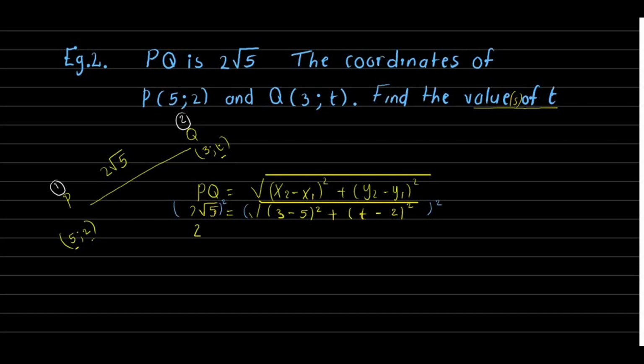And that is going to be equal to, what's 3 minus 5 all squared? 3 minus 5 all squared is equal to 4, plus (t minus 2) all squared. I'm simply going to move this 20 to the right hand side, so it's going to be 4 minus 20, going to give us minus 16.